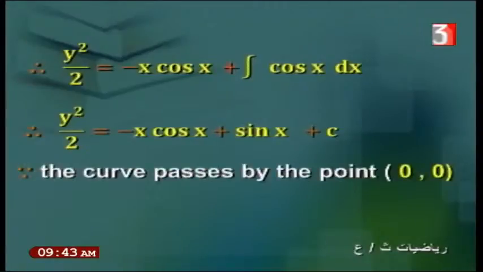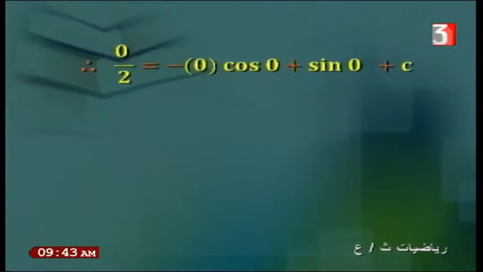Since the curve passes through the point (0, 0), when x equals 0, y equals 0. The left hand side, y^2 over 2, equals 0 over 2, equal to the right hand side, negative 0 cos 0 plus sin 0 plus c. Then the value of c equals 0.